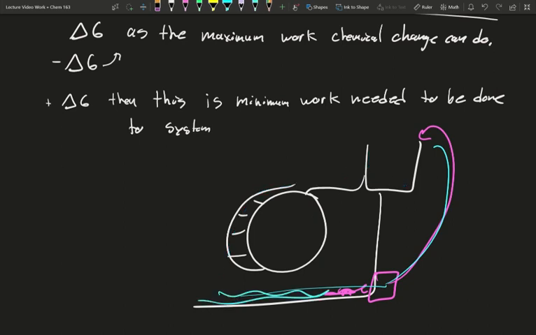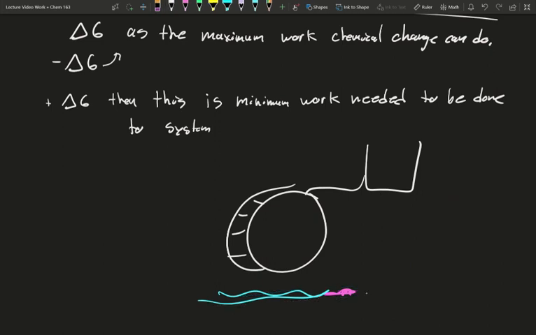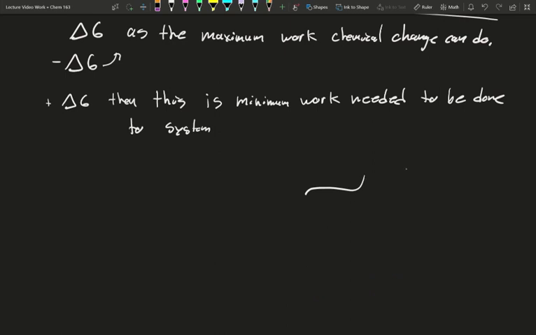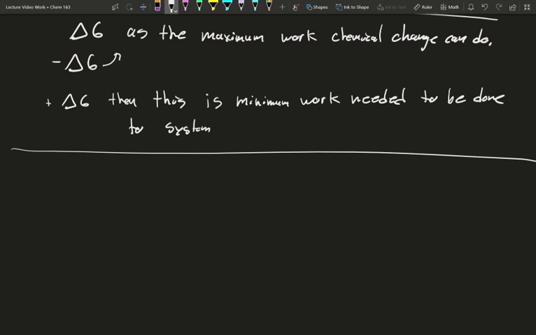Every step of the way, you're losing some energy to inefficiency. Delta G is merely telling us the max possible. It's up to us to engineer something that can harness as much of that as possible. When we think of car engines and the like, they're often only 15-ish percent at best of all the energy of your gasoline burning, giving off heat. About 85% is just lost. It's not used to drive the piston.